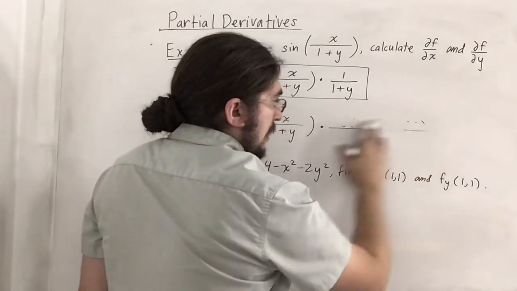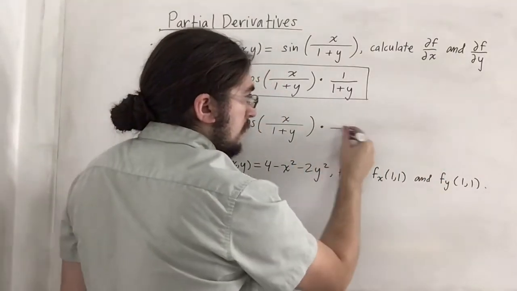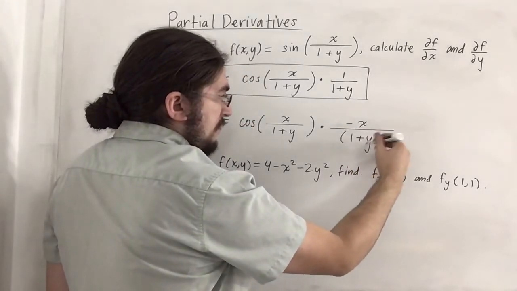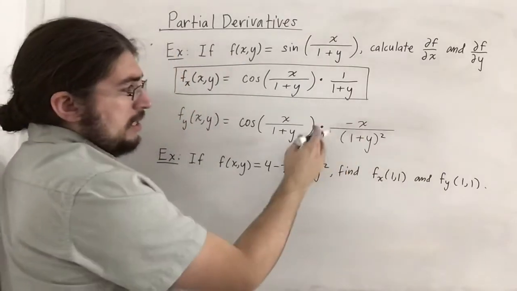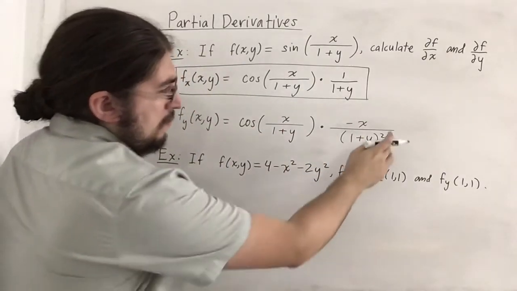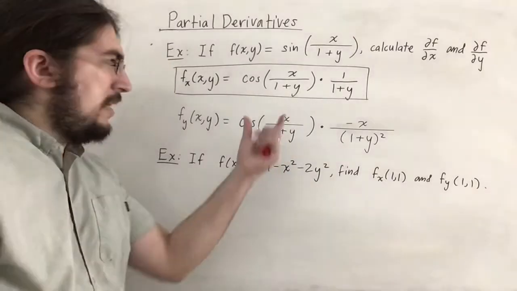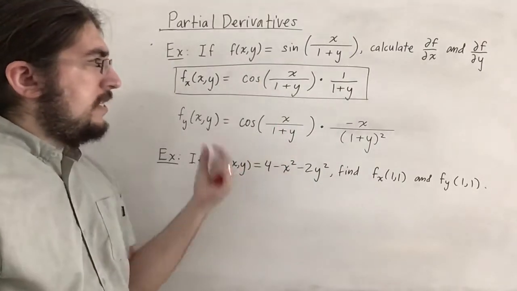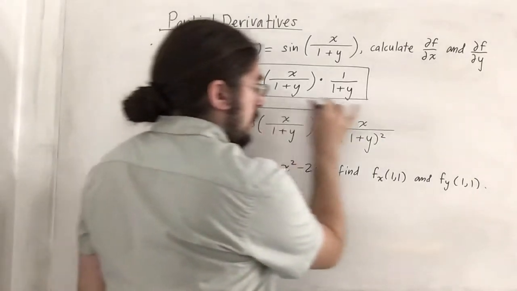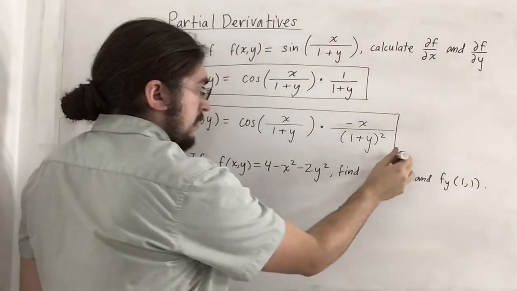So I'll write this as negative x, if you don't mind, all divided by the bottom squared. And actually, just to make it look a little nicer, maybe we can pull the negative out in front. But you know what, just because I don't have too much space, I'm going to leave it like this. So we can compare to see the real difference here. And it's kind of nice that we see they look pretty similar, but yet a little different.